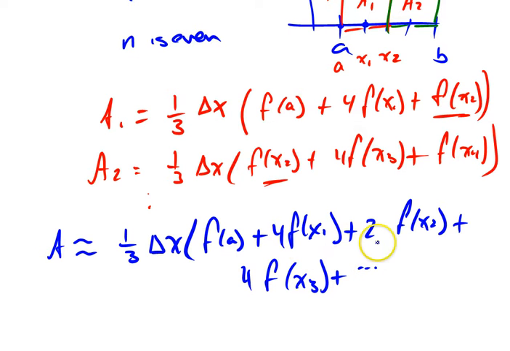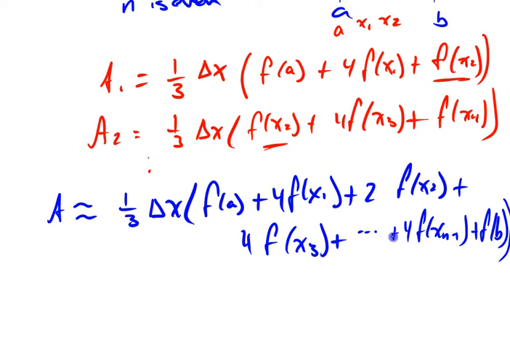It alternates 4, 2, 4, 2, 4, and the last one before the very last one will be one of these in the middle, and that's going to be a 4. So you're going to have plus 4 f of x n minus 1, and then you've got the last f of b, that very last one there. All of that is times the delta x over 3.